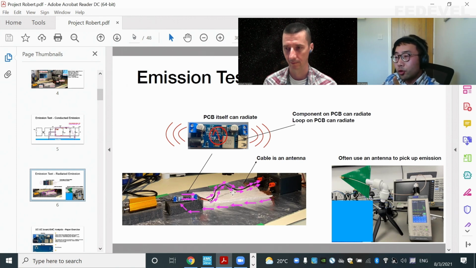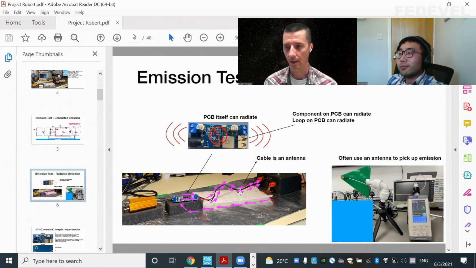And the purple arrow drawn here is, as we explained in previous slides on conducted emission, the common mode current. And we know from basic radio frequency theory that if you have a conductor of any size, and you have current flowing on that conductor, you basically have an antenna, and that antenna can radiate very efficiently.